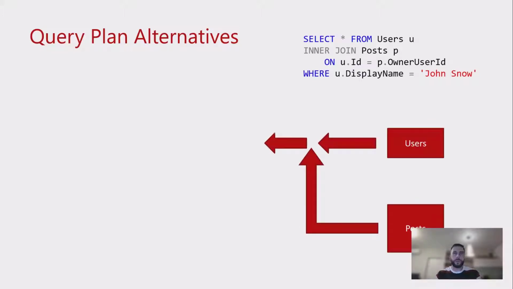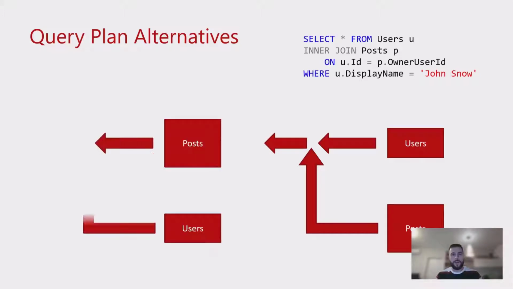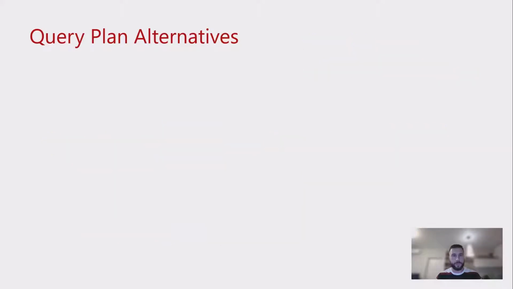One way to execute this query will be getting data from users and then join posts. Another approach will be taking data from posts table first and then join table users. If we are considering one physical join type, there will be two alternatives, but there can be more. SQL Server has 3 physical join types, but I'm omitting this right now. Okay, 2 tables, 2 options.